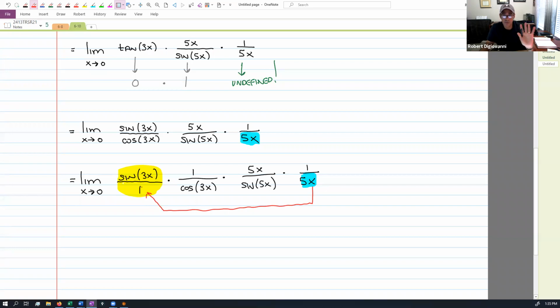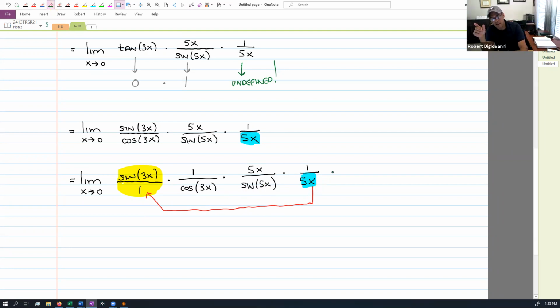Okay, just the x. Now, am I allowed to do that? Remember, everything on the bottom is being multiplied, right? This is all multiplication. Multiplication of fractions means you can change the order in which things are done. So sliding things around is perfectly legal. I'm going to slide just the x. And what else do I wish was there? You wish you had a 3x. I wish I had a 3 there with the x, right?